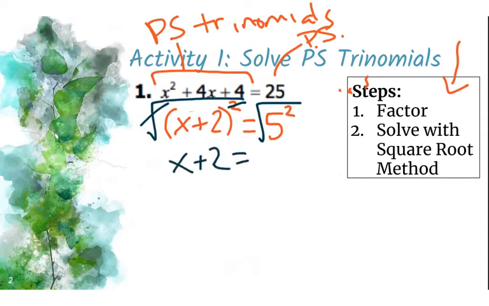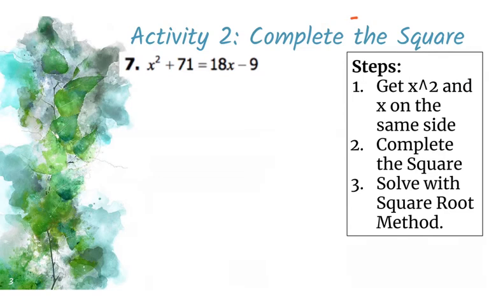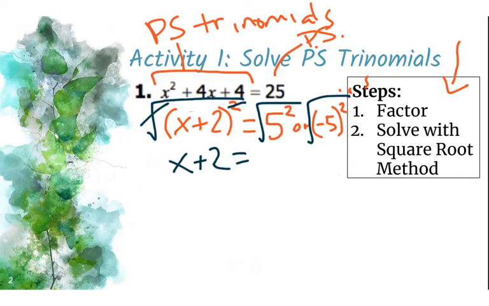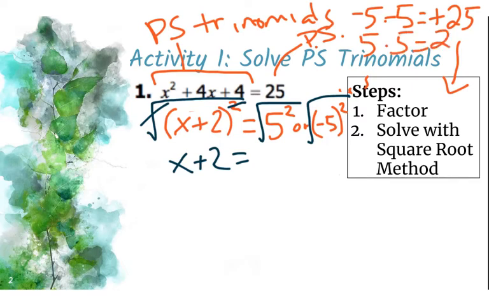And now here it's a little tricky, but you have to remember that this could be 5 squared or it could be negative 5 squared, right? Remember, negative 5 times negative 5. Let me write that up here. Oops, sorry guys. Negative 5 times negative 5 is also a positive 25. Okay, just like 5 times 5 is 25.